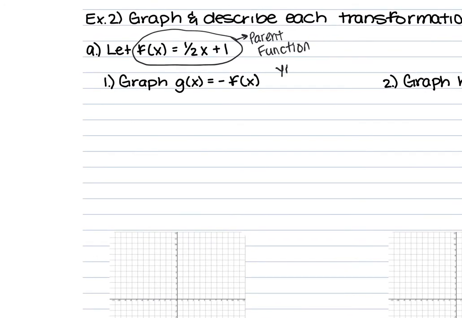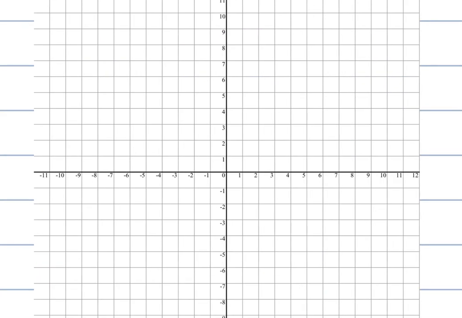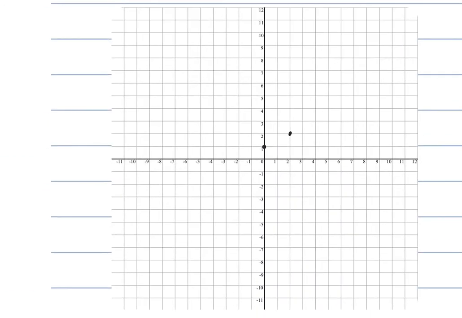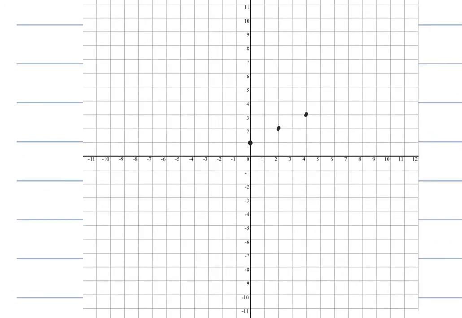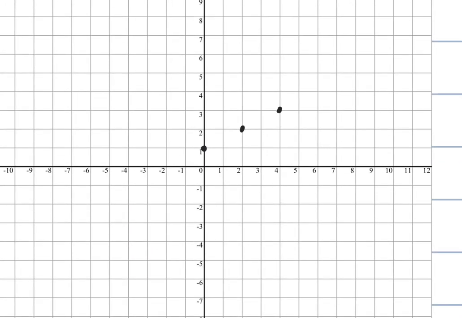And then go up by 0.5 over 1. So my intercept is 1, and then my slope is 1 over 2. So instead of going up 1/2, I'm just going to go up 1, but over how many? 2. So let's go up 1 to the right 2, up 1 to the right 2. Okay. So from here, we draw a line through these points. This is our parent function.